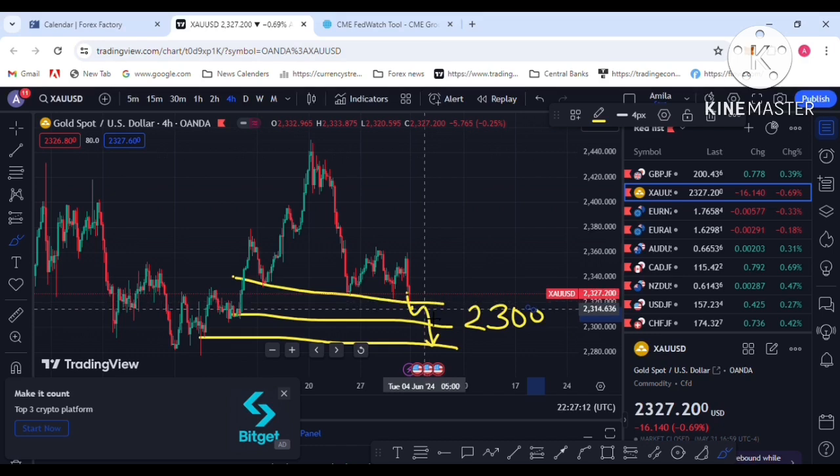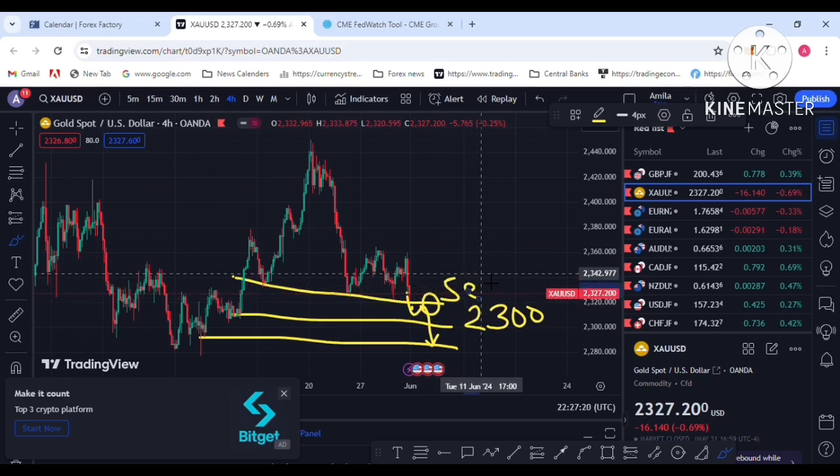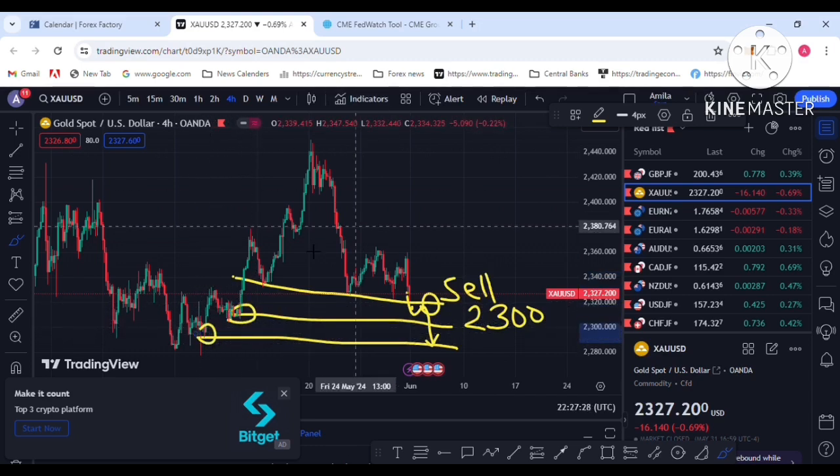If you are trading gold, you need patience, so wait for the breakout and retest area. That's the sell opportunity. Technically, this is the type of pattern I am seeing next week. You should wait for the breakout of this liquidity support line. That is the head and shoulders pattern, the famous reversal pattern I am seeing in this technical setup.